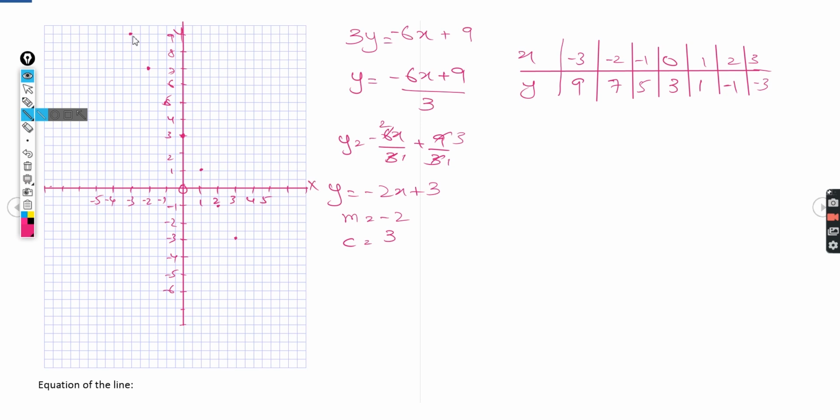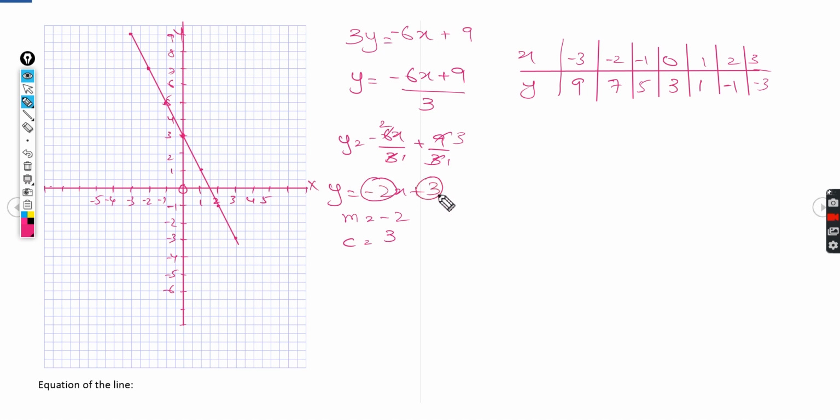So let's join these points now. So these lines are exactly coming like this. Notice that your gradient was negative 2, because of which we already know that if the gradient is negative 2, it will be a downward sloping line. So negative 2 gradient, downward sloping line.